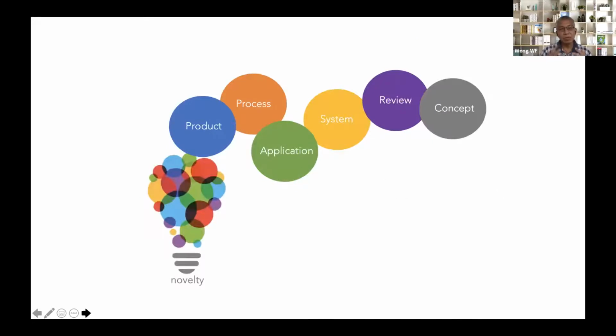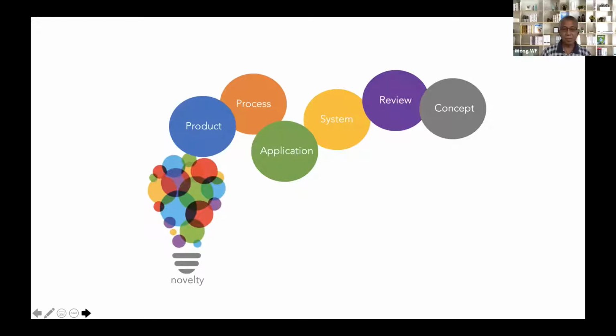So how to look for the novelty? I'm going to give you a template approach here. This is particularly for people who have a little bit of a mind blank, and you say that, well, I just cannot think and figure it out. Can you give me a template? Here is the template. The template is going to be organized into the following novelty types: product, process, application, system.